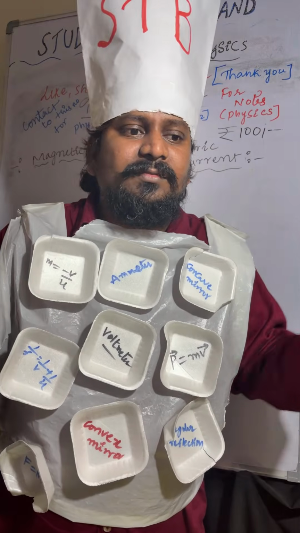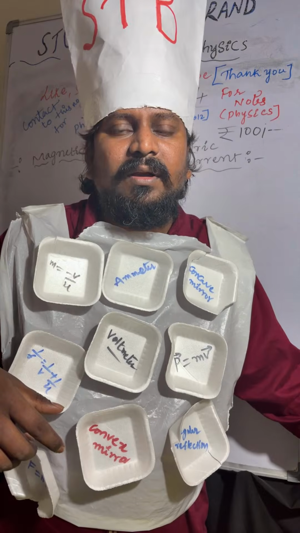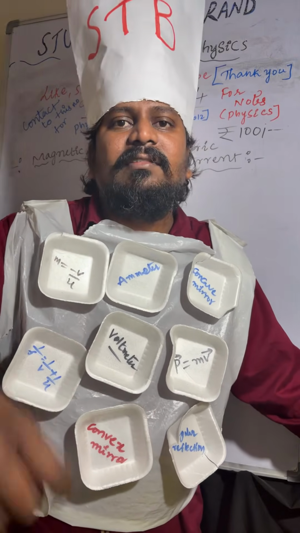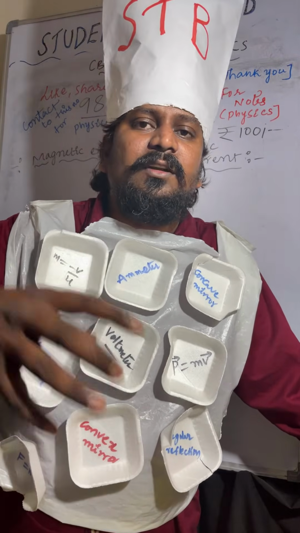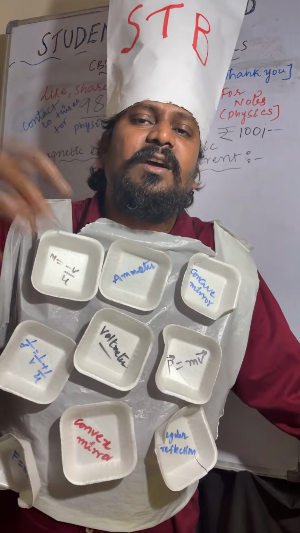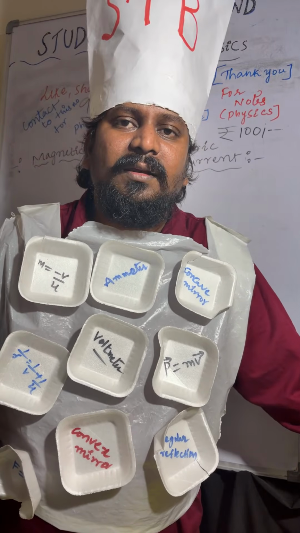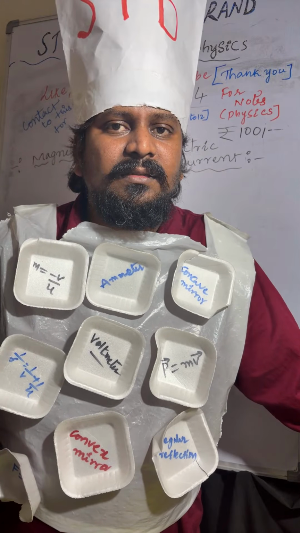So iron objects we lift by using electromagnets. If you pass the current, the conductor acts as a magnet, attracts the object, and displaces it from one point to another according to the requirement. Those are called electromagnets.